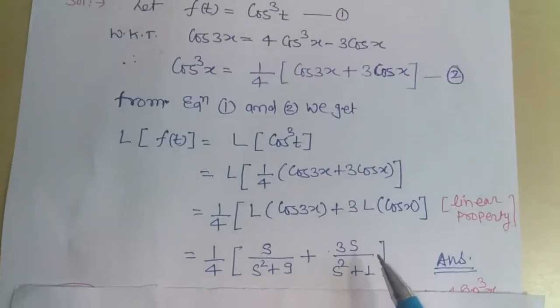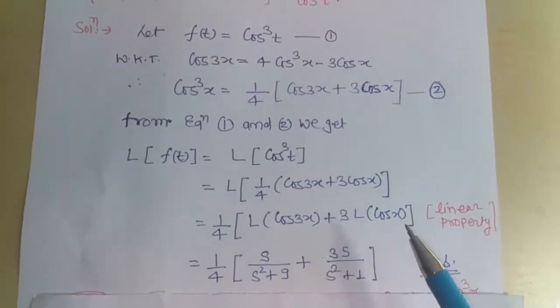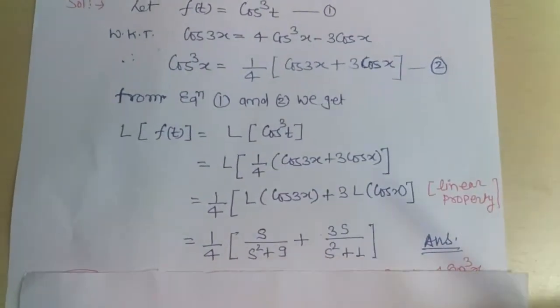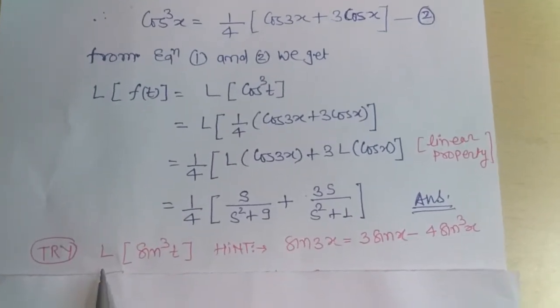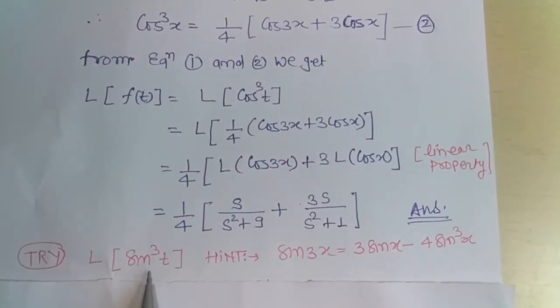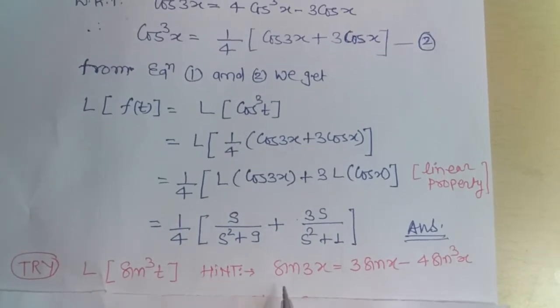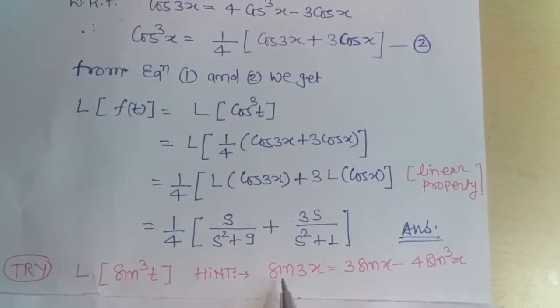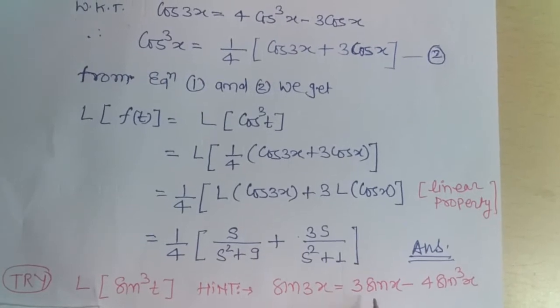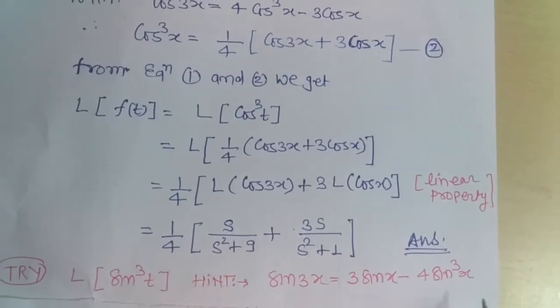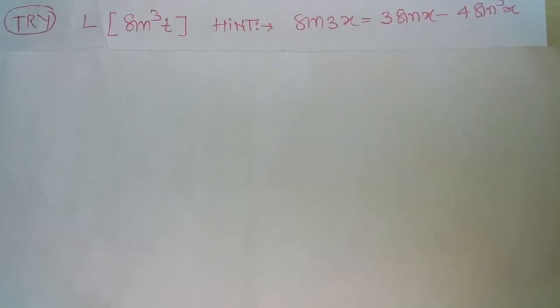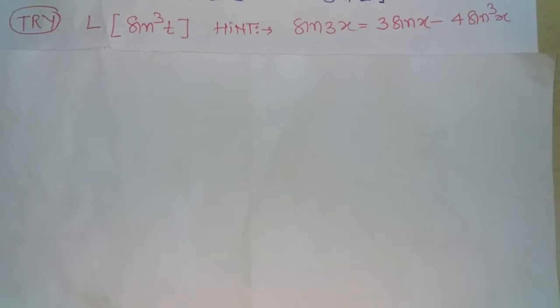So this is the Laplace transform of cos cube x. Similarly, we can try the Laplace transform of sin cube t using the relation sin 3x is equal to 3 sin x minus 4 sin cube x.